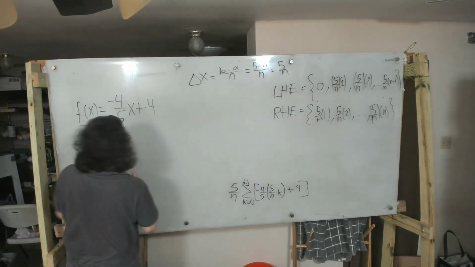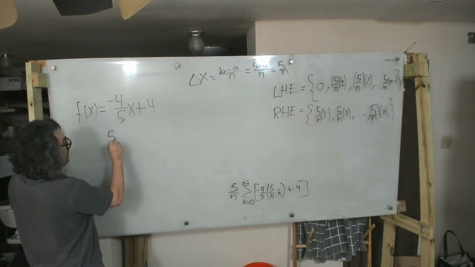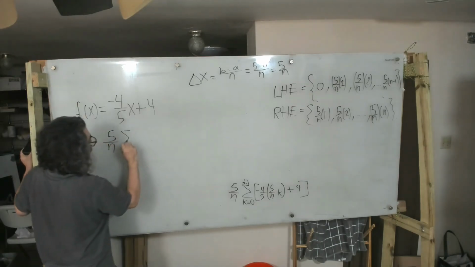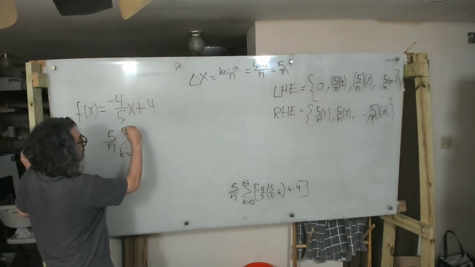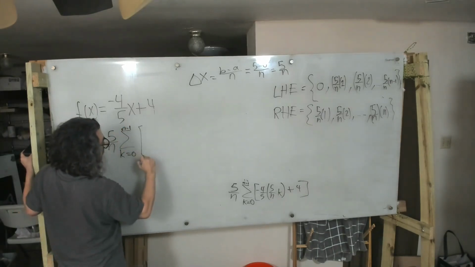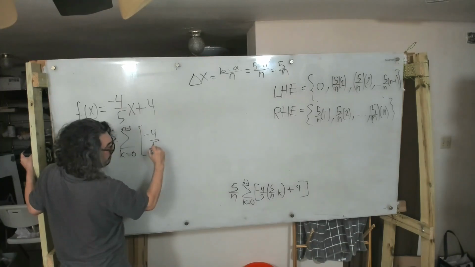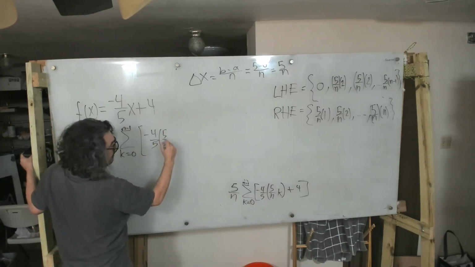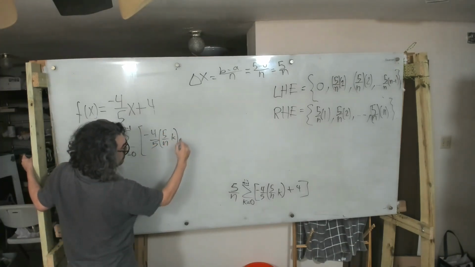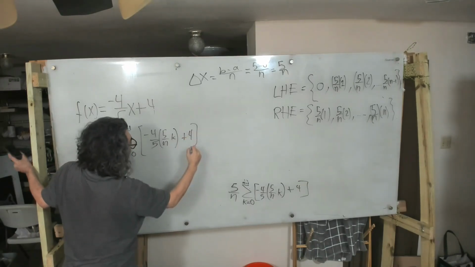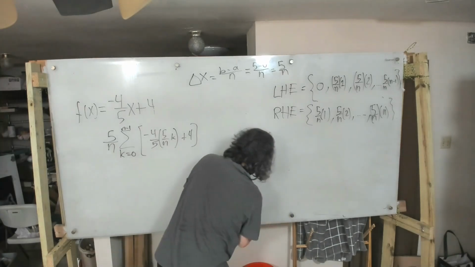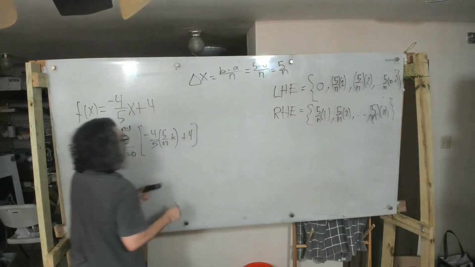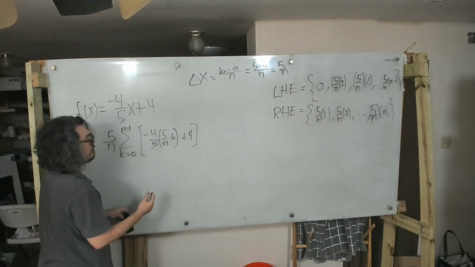So let's copy that over here. This is 5 over n summation k equals 0 to n minus 1 of negative 4/5 times 5 over n times k plus 4. So the first thing I want to do here is I want to simplify this algebraically inside.